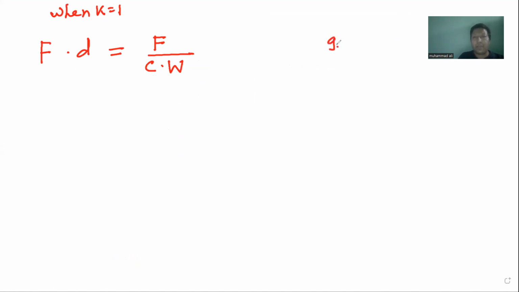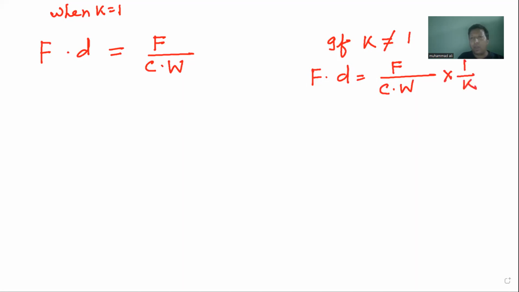But if k is not equal to 1, the frequency density equals frequency divided by class width, multiplied by 1 over k. When we just get the table and no incomplete histogram, we think that k equals 1, so we just divide frequency by class width.